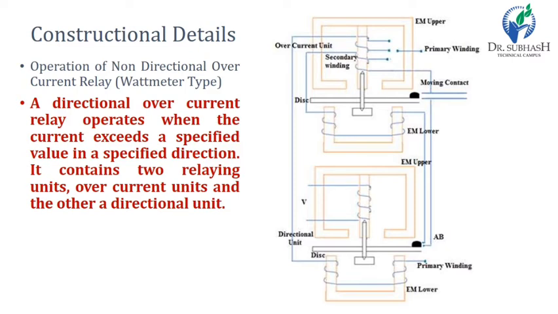It contains two relaying units, an overcurrent unit and a directional unit. As you see, the upper part of this relay is what we have seen earlier, and the second part of the relay is the directional feature.